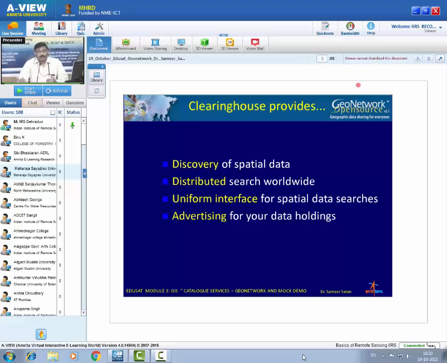So I am one of the nodes of the entire data. So discovery one can do through the clearinghouse. Distributed search for all the different types of keywords can be done. There is a uniform interface for all the searches, and the advertising for your data holding. So all those things are possible through a clearinghouse.